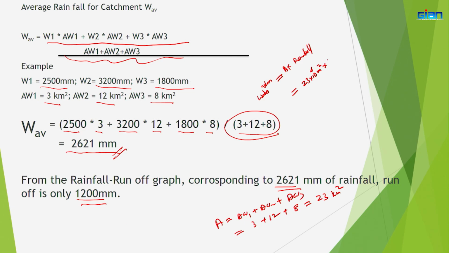Runoff is now 1200 millimeters or 1.2 meters. So, now this will convert to the amount of cubic meters of water coming to my diversion point that can be taken in for my power plant use, right. Of course, you will have to reduce a little bit for minimum flow, but let us forget that, there is no minimum flow.